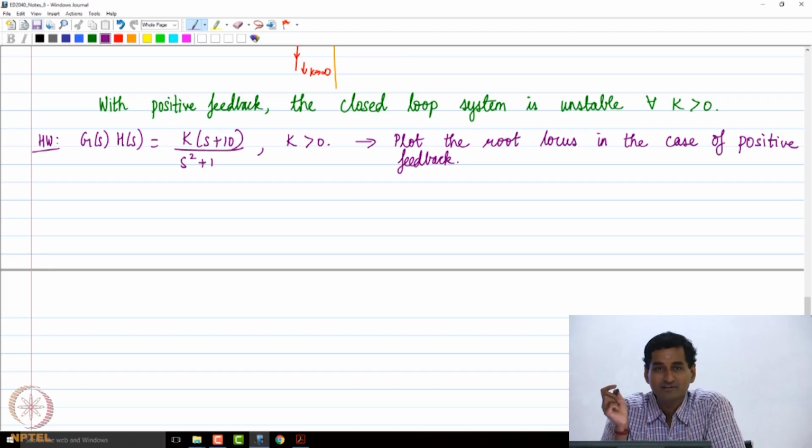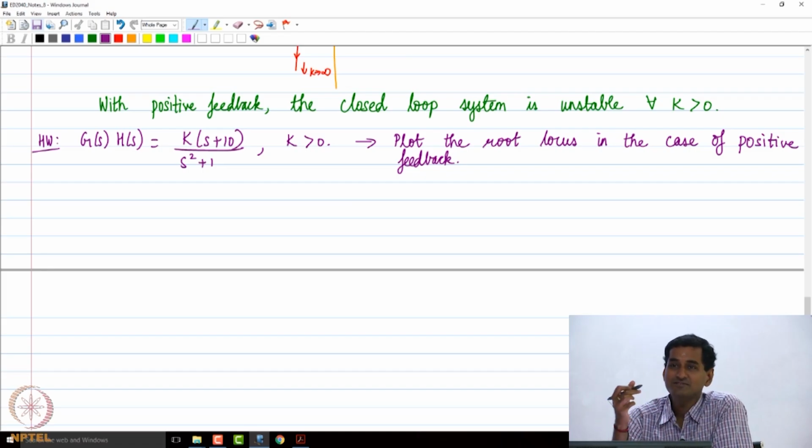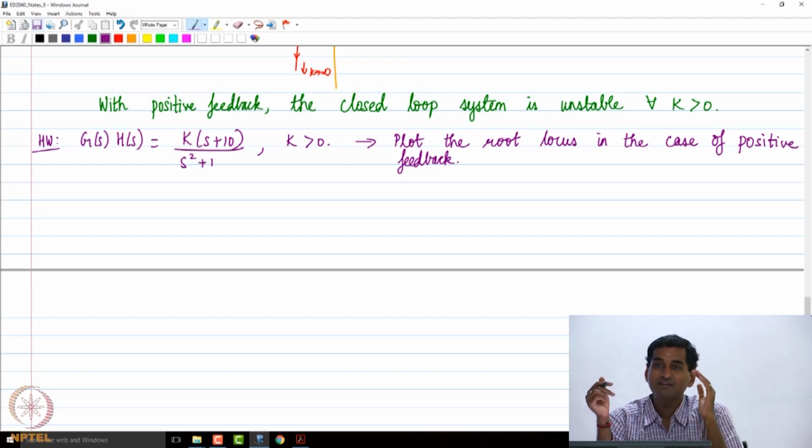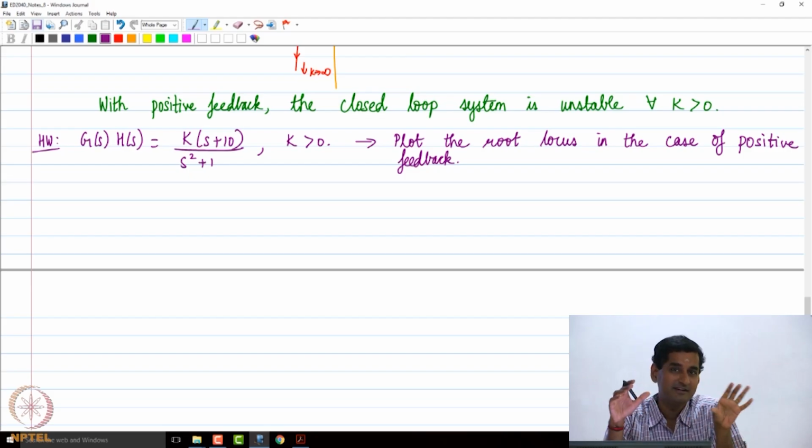Now we will come to our friend's point. What happens when K is negative? Till now I have been sticking to a case where K is positive, but it need not be. Let's say K is a controller gain, like in the example that we did last class with the vibrating system. Let's say K we pulled out of the proportional derivative controller, and basically it was a controller gain.